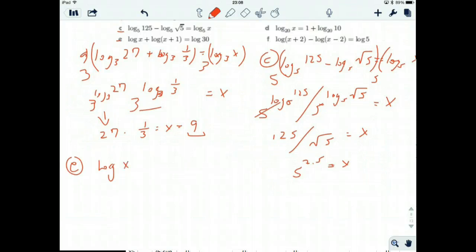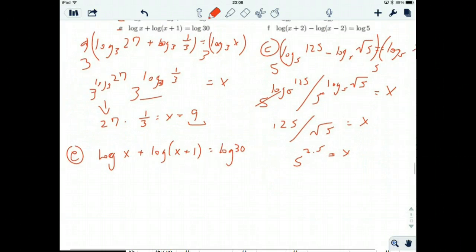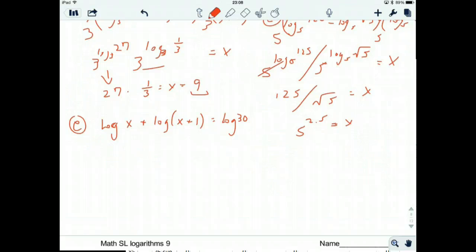Log of x plus log of x plus 1 is equal to log of 30.